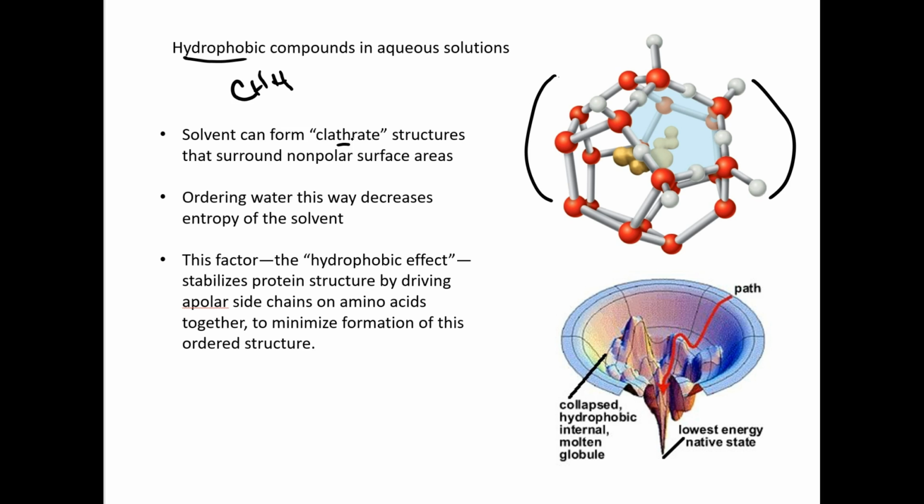And if you're thinking about entropy, remember, entropy tends to increase. You want to see in classic thermodynamics a tendency towards disorder or an increase in entropy. So by the introduction of a hydrophobic compound into an aqueous solution, it decreases entropy and therefore is not thermodynamically favorable.